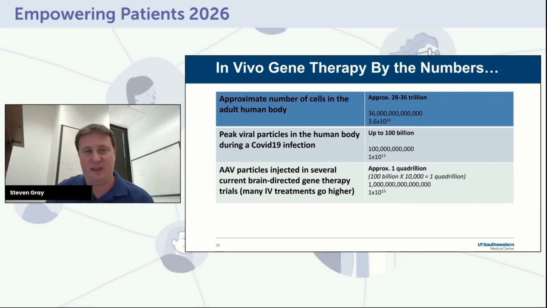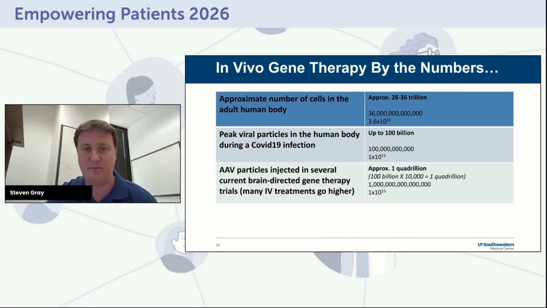But a lot of these AAV-based treatments, like brain-directed AAV treatments and IV treatments, go even higher than this. If you're at 1 times 10 to the 15, that's 1 quadrillion. So it's 100 billion times 10,000. It's an enormous load of virus particles.